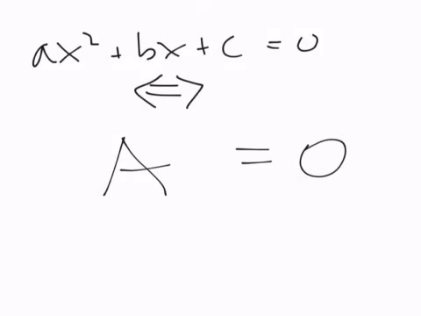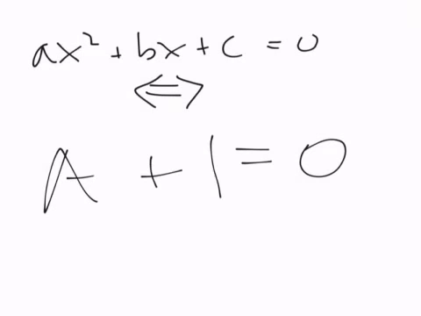I've just defined A to be what I want. In fact, it's the same as A plus 1, where A equals ax squared plus bx plus c minus 1. The minus 1 and plus 1 will cancel out.